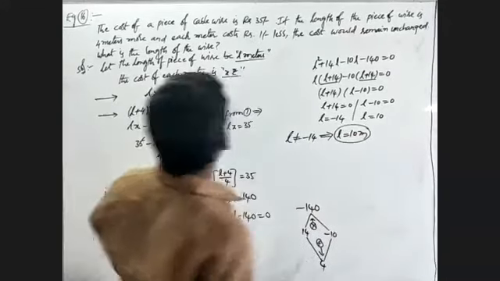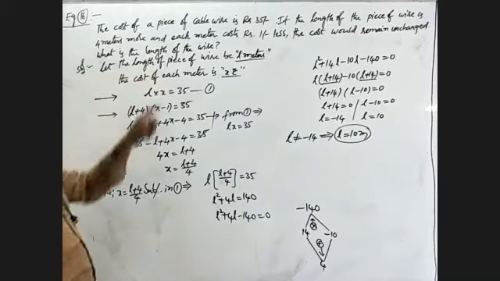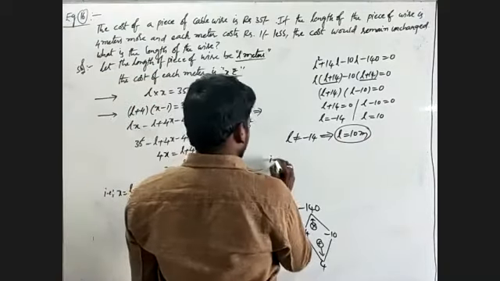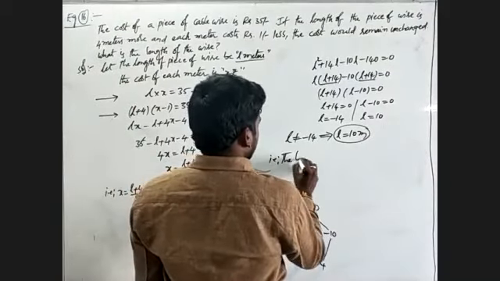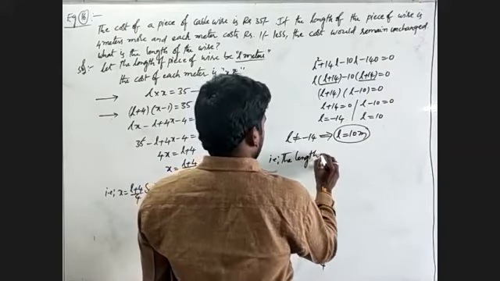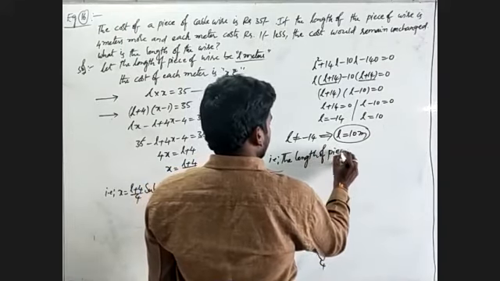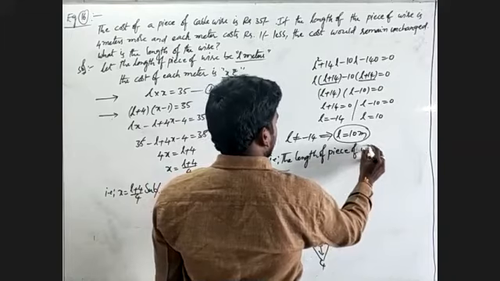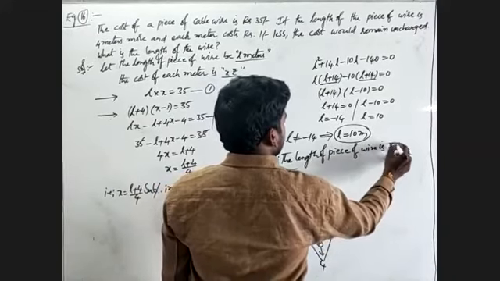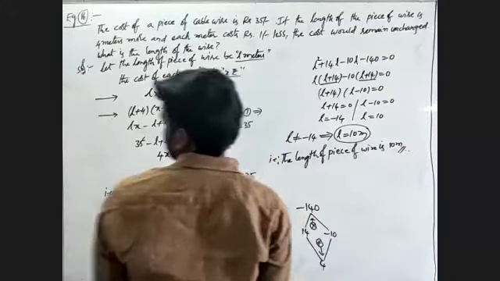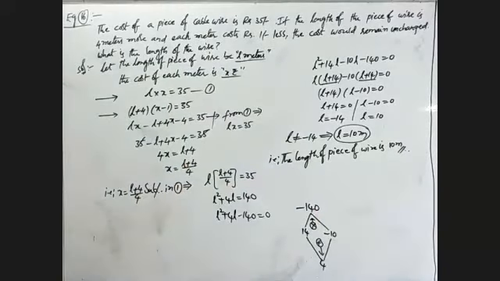What is L in this problem? The length of the piece of wire. That is, the length of the piece of wire is 10 meters.